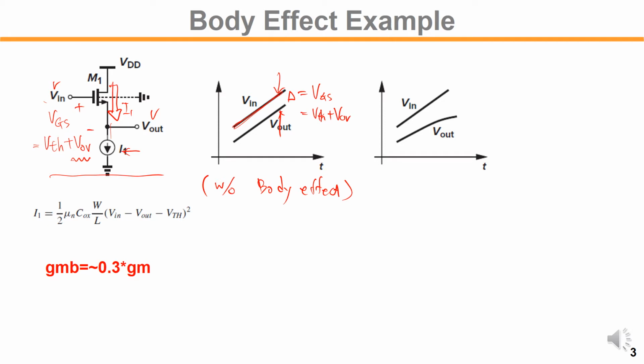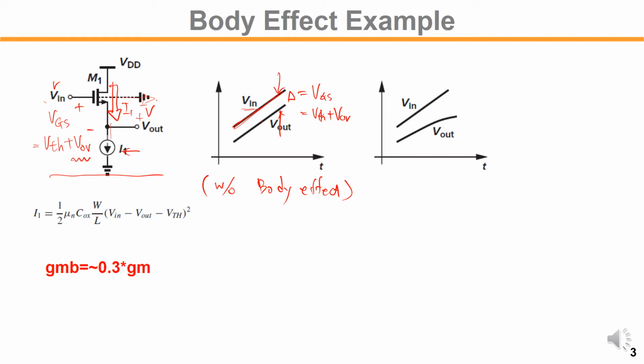But if you consider the body effect, then for higher Vin, the output voltage keeps going up. If the body is tied to ground, we get more voltage drop between source and body.